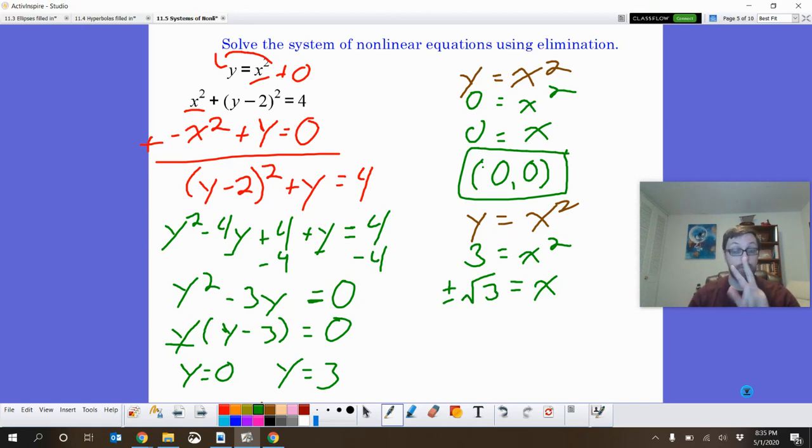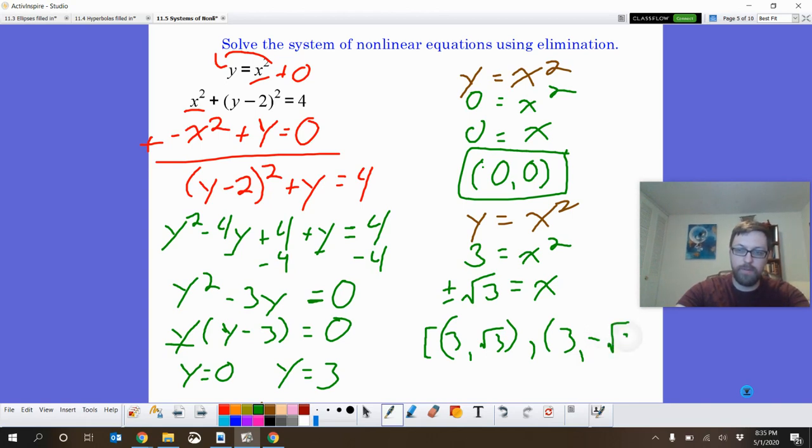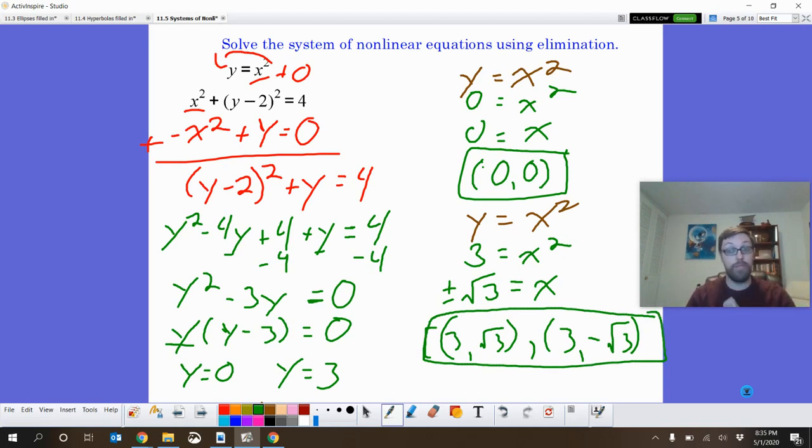So this produces 2 additional solutions: the points (square root of 3, 3) and (negative square root of 3, 3). So we end up getting 3 solutions in this system: (0, 0), (square root of 3, 3), and (negative square root of 3, 3). 3 solutions for our system.